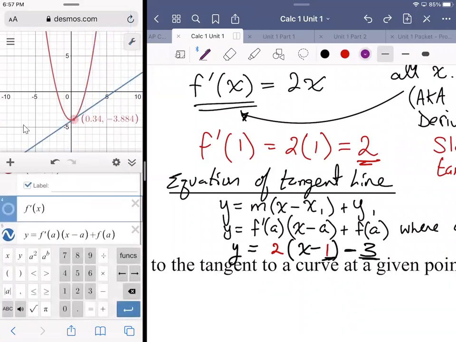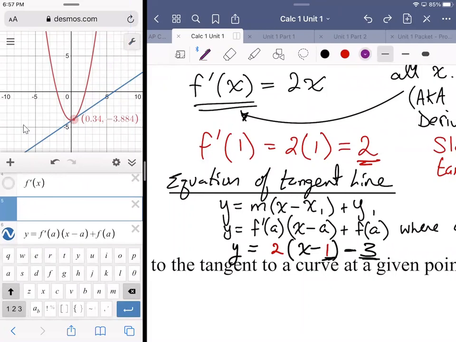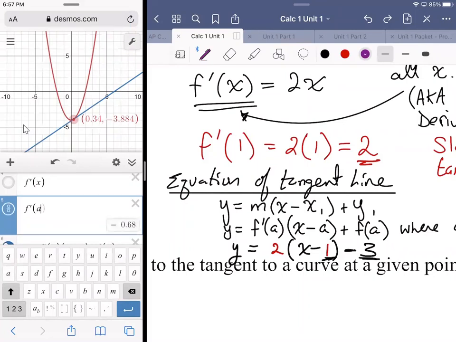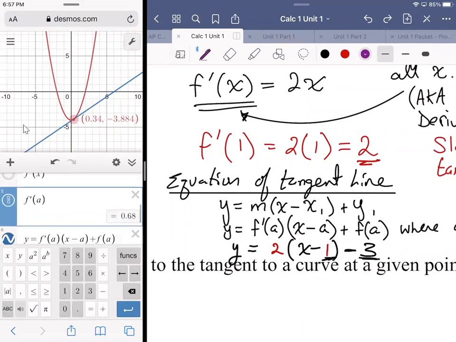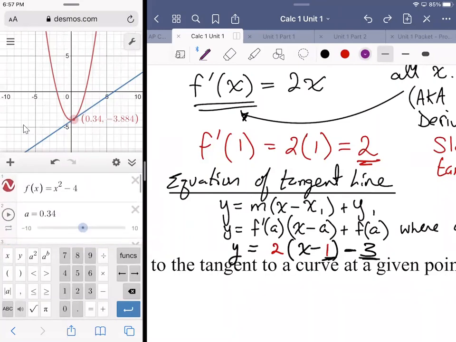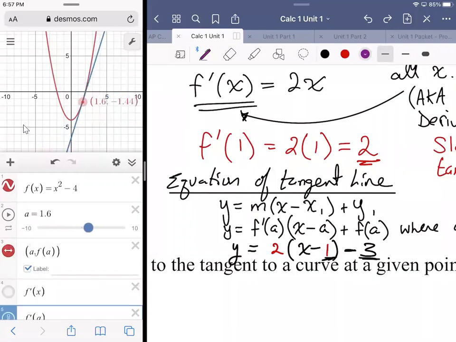So really all I would need is f prime of a as a standalone computation, and I would have everything I need in order to actually physically write the answer. If I move my slider over to the given a value, they told me 1, it's locked in.